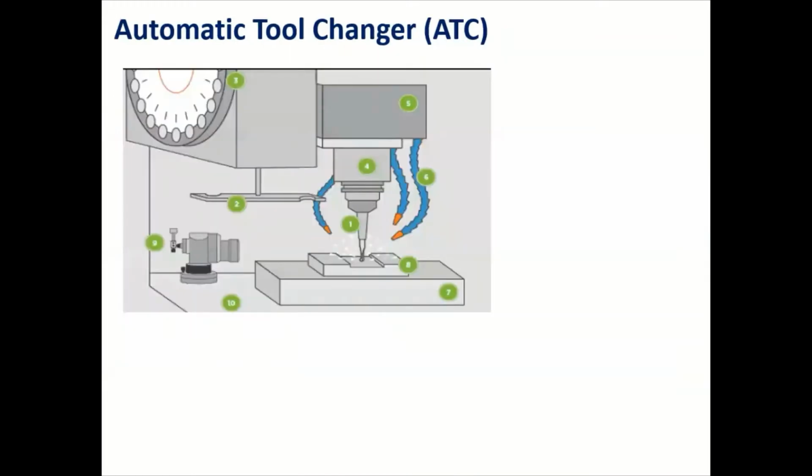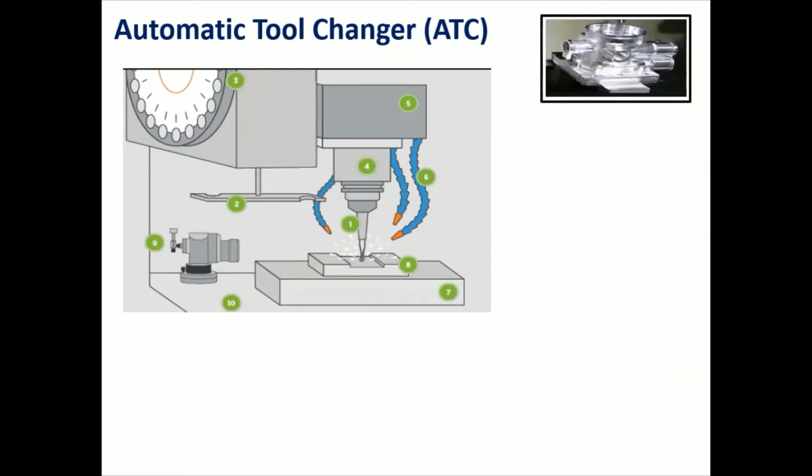Now we'll go into more detail. We know that CNC machines are designed to perform a number of operations in a single setting of the job. Suppose this is a very complicated job, or a complex part that you want to produce. For that reason, we need a number of tools.